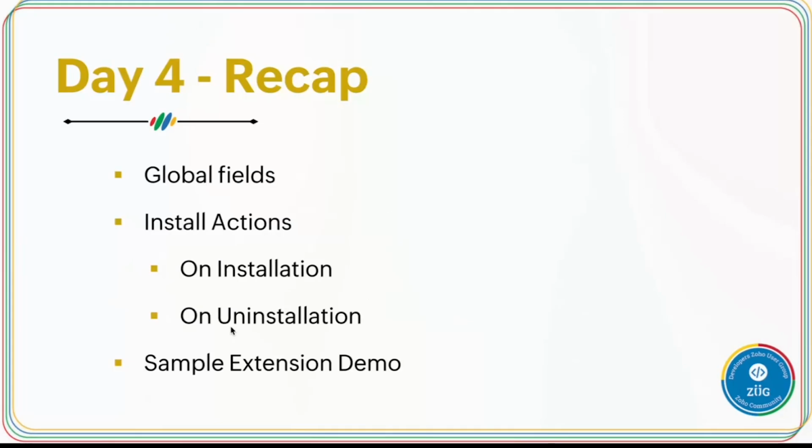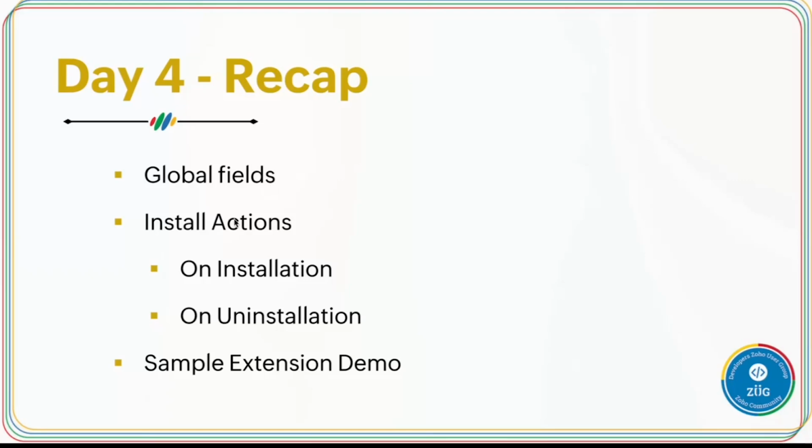Finally, in our day 4 session, we introduced configuration components like global fields and install actions. Global fields help us create configurations which can be accessed from anywhere within the extension.